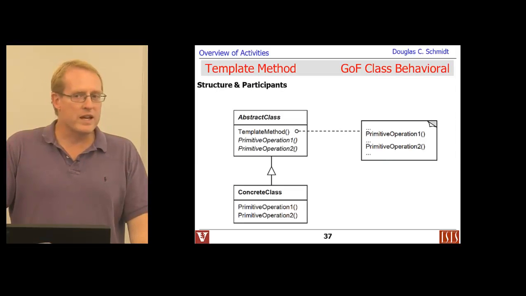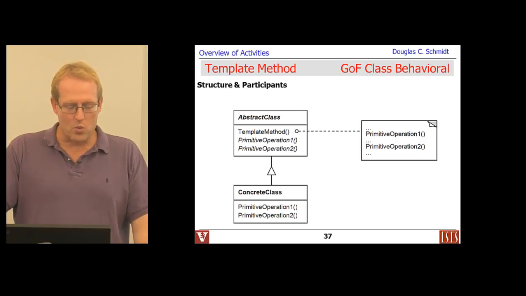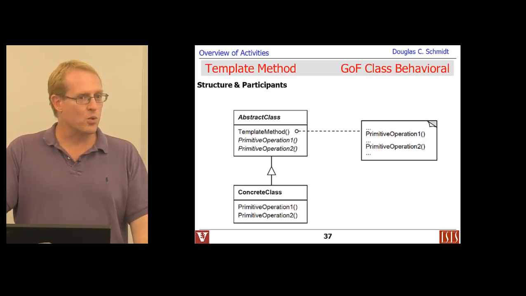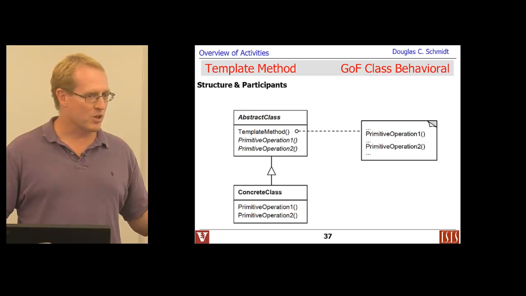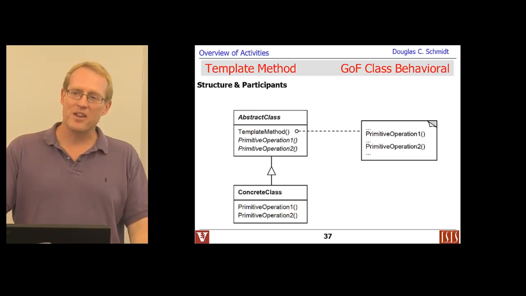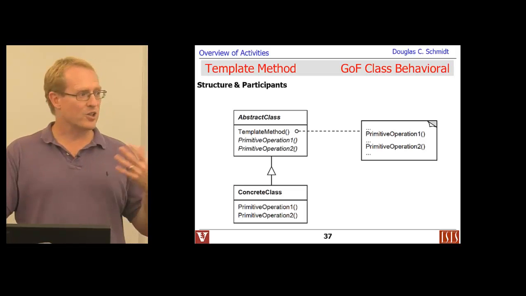So here's a recap, or a description for those of you who have never seen this pattern before, of what the structural parts of the template method pattern look like. You have some abstract class which defines at least one method that we term a template method. We'll talk more about that in a second. The implementation of the template method is defined in part by invocations to so-called primitive methods, or what I like to call hook methods.